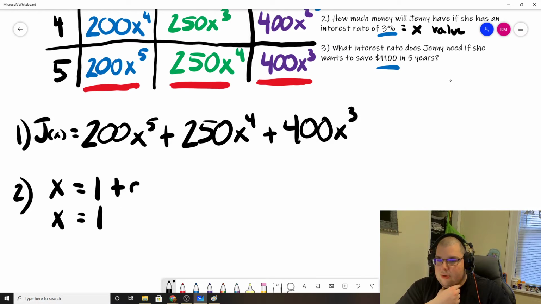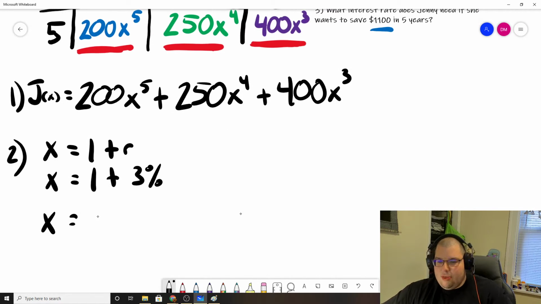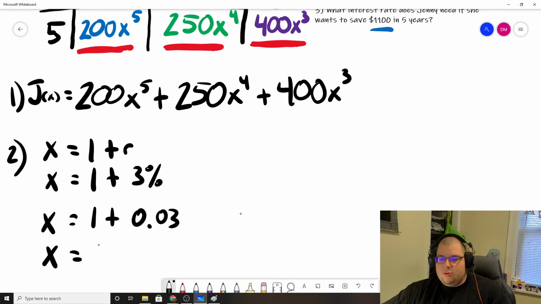So x is equal to 1 plus 3%, which 3% as a decimal is 0.03. 1 plus 0.03, which tells me x is equal to 1.03.